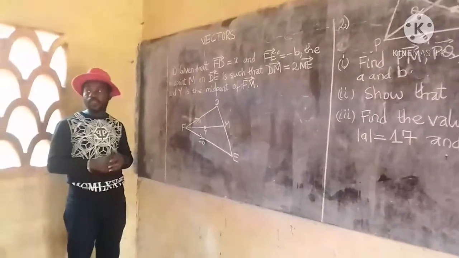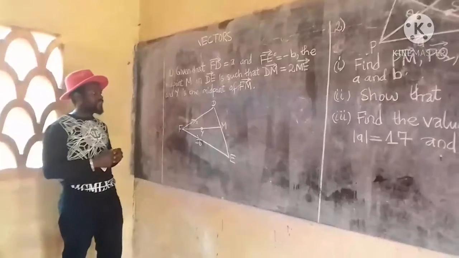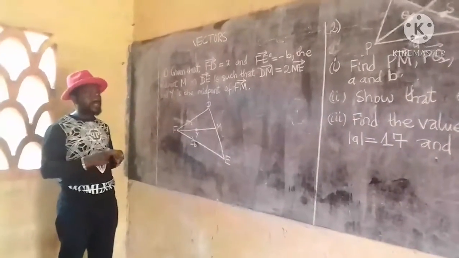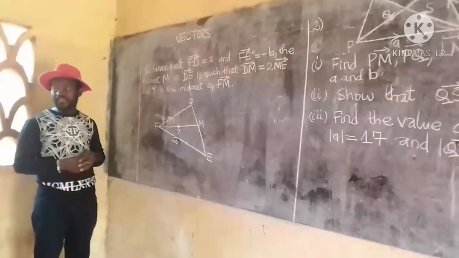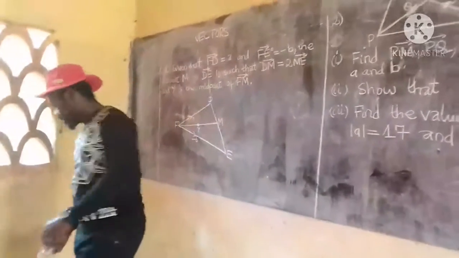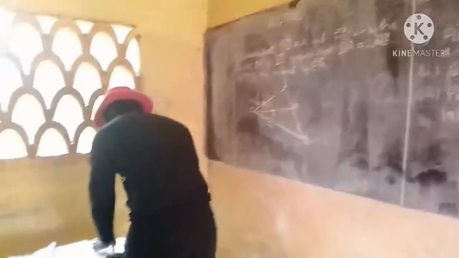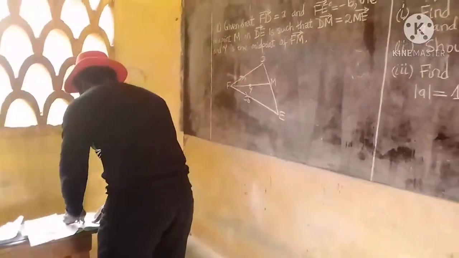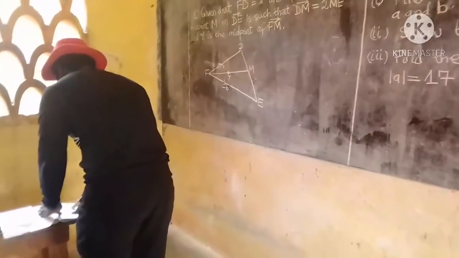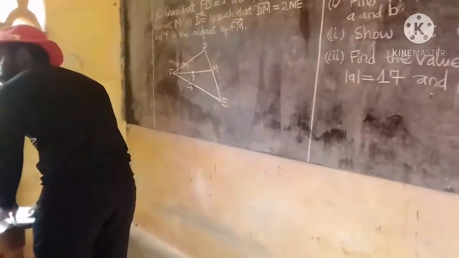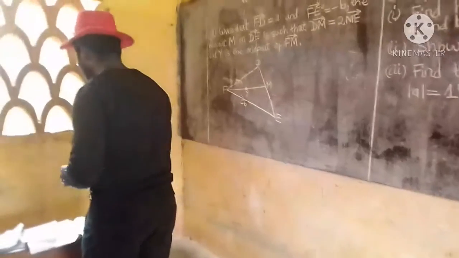And that gives the answer for DM. Is that clear? The next part of the question says, show that DY equals minus 1 over 6 into 5a plus 2b.